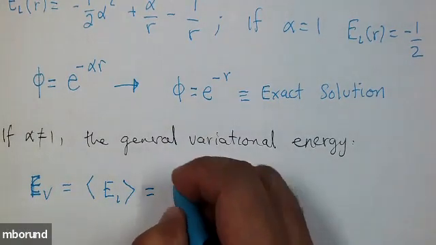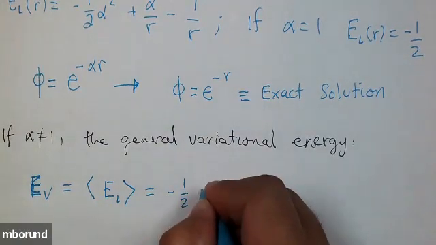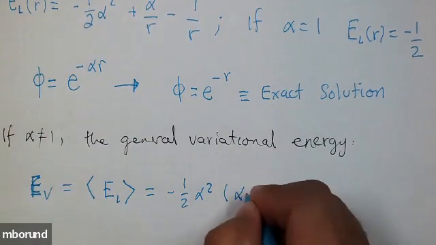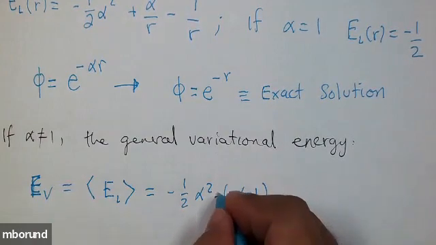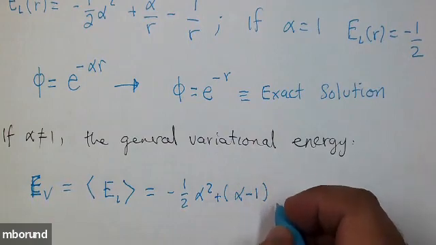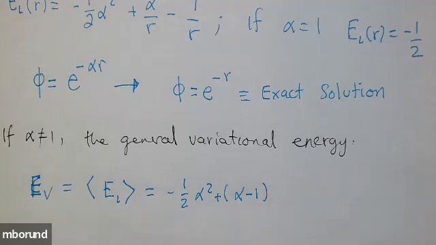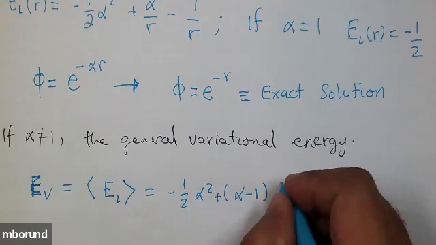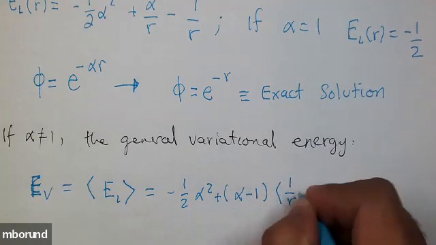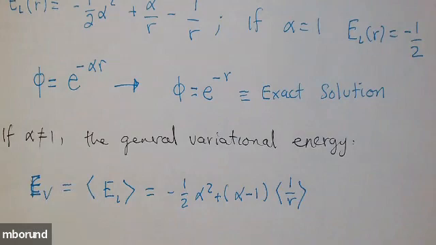And what that means is that you would do -1/2 alpha squared, alpha minus 1, plus, and then my function is this one, right? So this is my variable V(r). So the expectation value that I want is really the expectation value. This is what I want to find the expectation value of. These are the constants that we know.